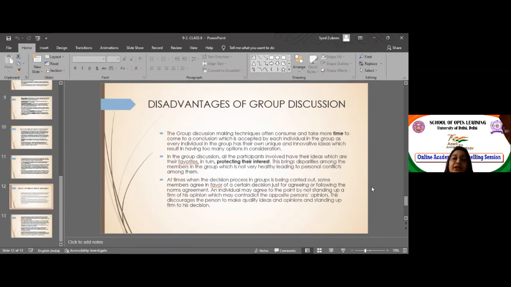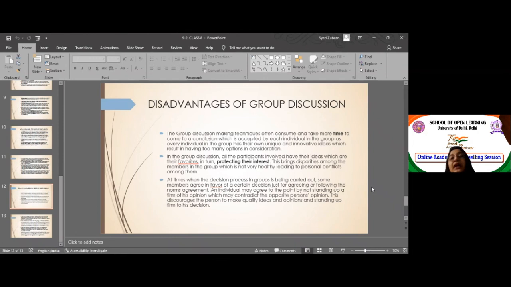Then in the group discussion, all the participants involved have their ideas, which are their favorites. Of course, something that we all do, and which in turn protects their interests. This brings disparities among the members in the group, which is not very healthy, leading to personal conflicts among them.